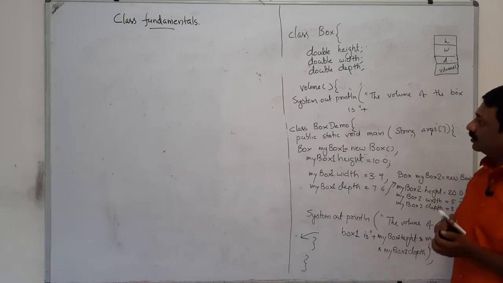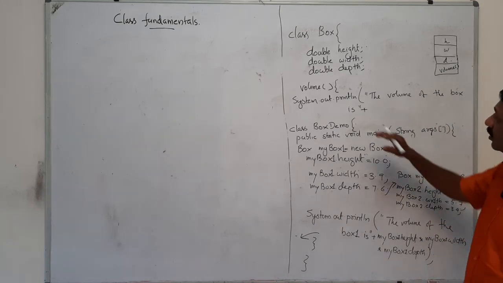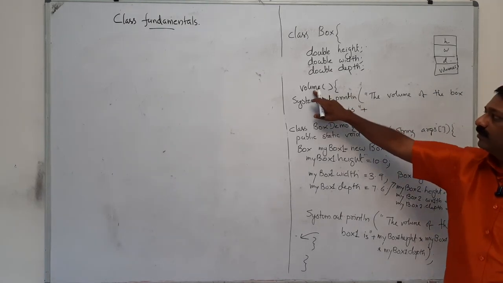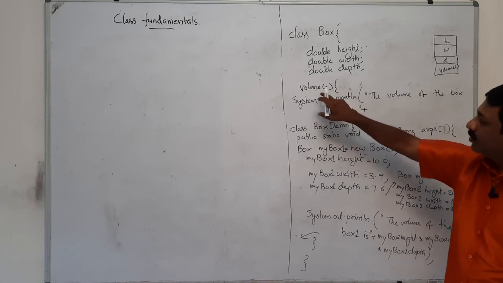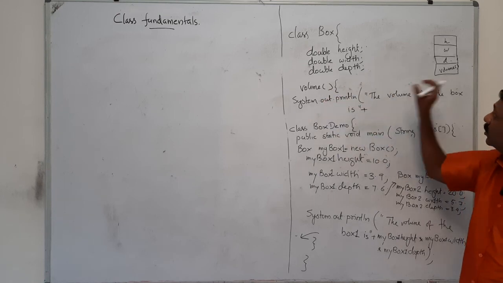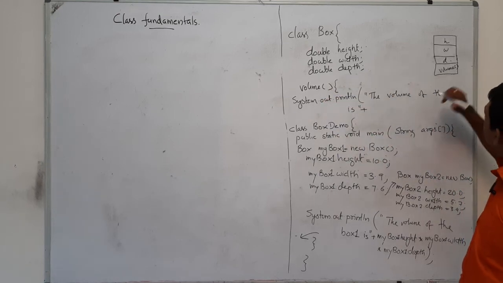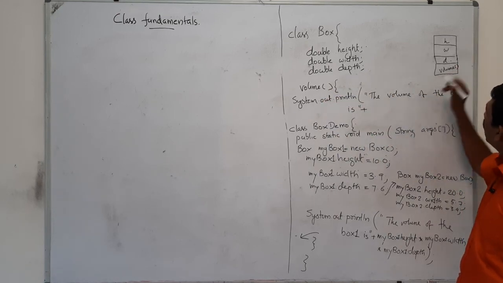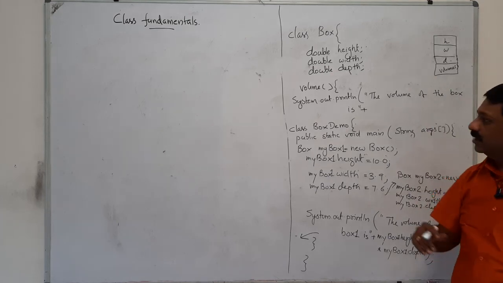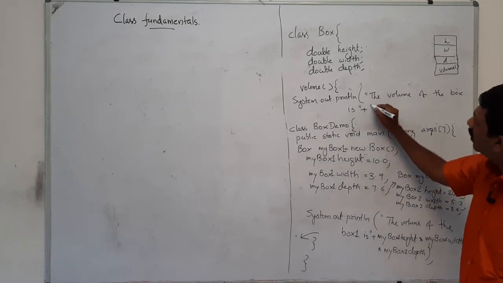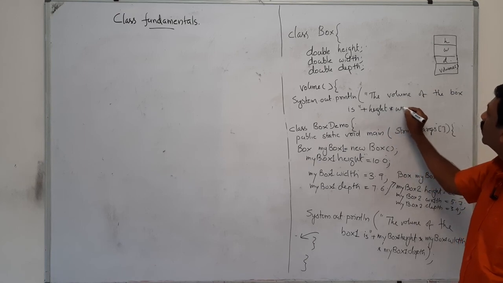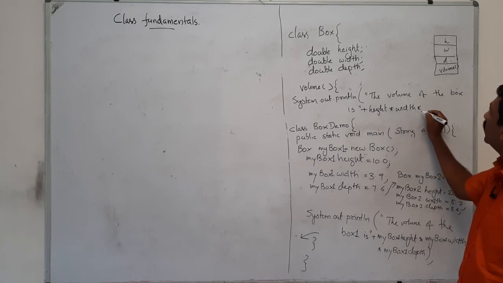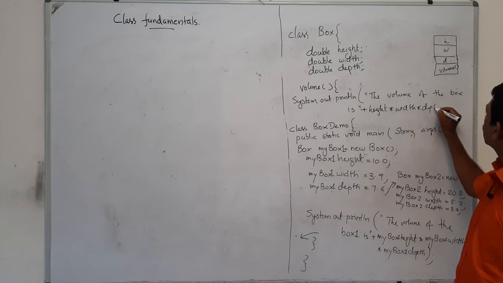This is the volume method, and here you are just calling this volume method. When you call this volume method, what the object does is print the volume of the current object. That means here I am going to have height into width into depth.